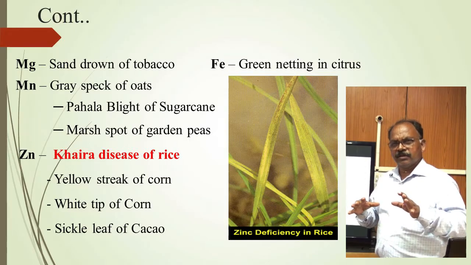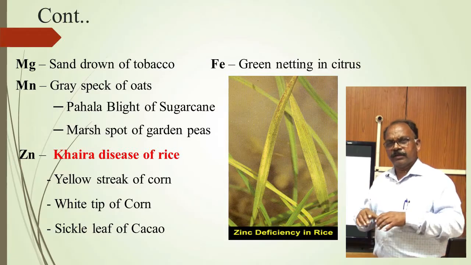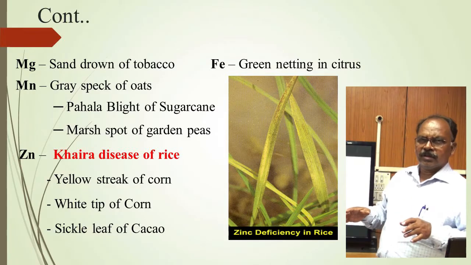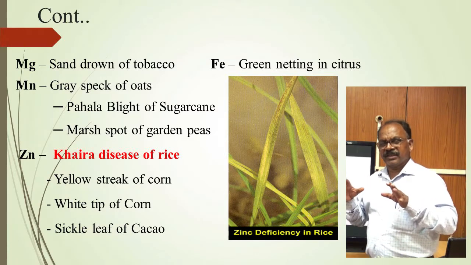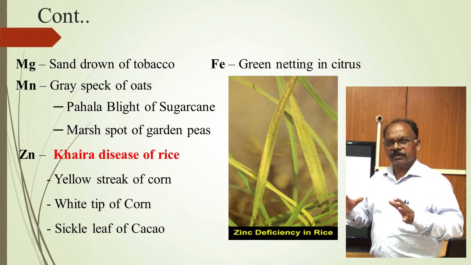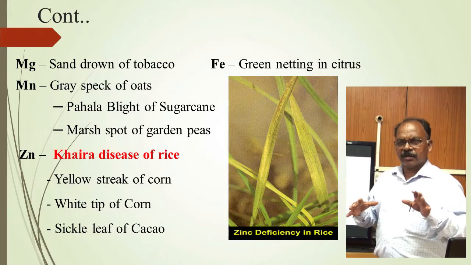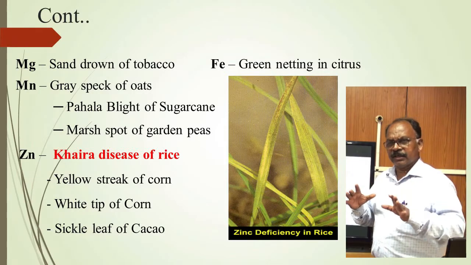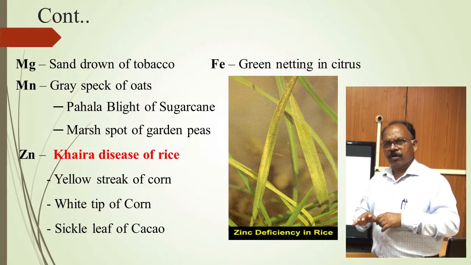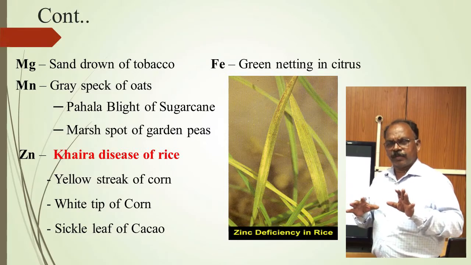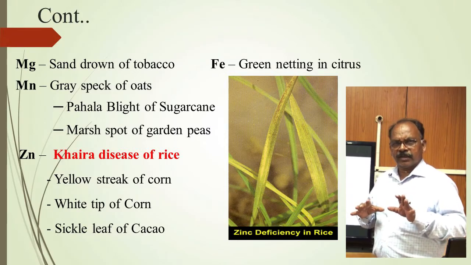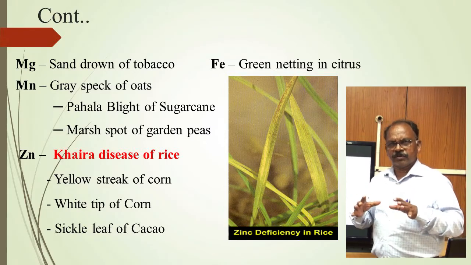This was the first such report in the world. For this work, he was recognized internationally. He received the International Rice Year 1966 prize from the Food and Agriculture Organization of the United Nations.